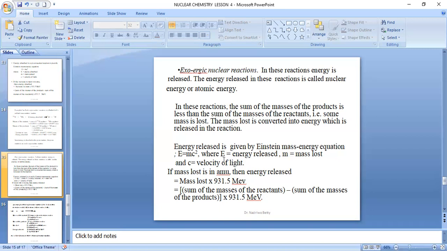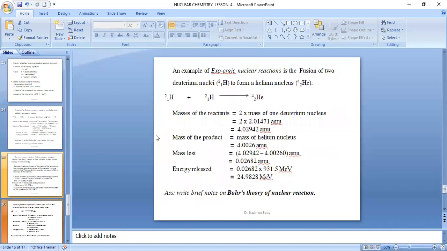But if the mass lost is in mu, then the energy released is equal to the mass lost times 931.5 MeV. An example of an exergonic nuclear reaction is the fusion of two deuterium nuclei to form a helium nucleus.